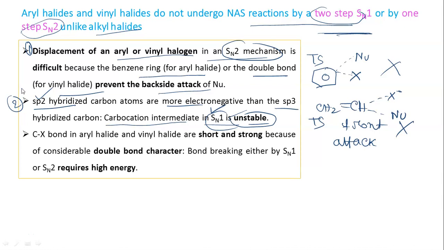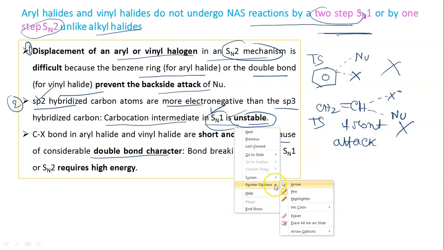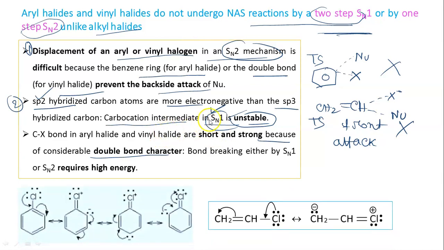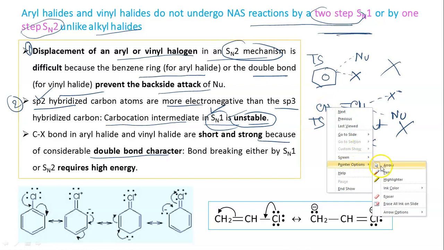Now what is the third reason? The C-X bond in aryl halide or vinyl halide is very short and strong because of considerable double bond character. How do you get this double bond character? You will see it by resonance. Here we have the resonance structures of chlorobenzene as well as vinyl chloride.